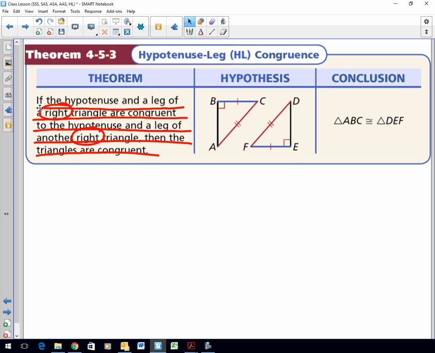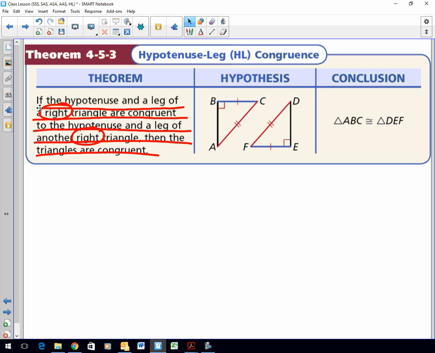Every right triangle, the longest side is called the hypotenuse. The side across from the right angle, the hypotenuse. If the hypotenuse and a leg in two different right triangles are congruent, then the triangles are congruent.